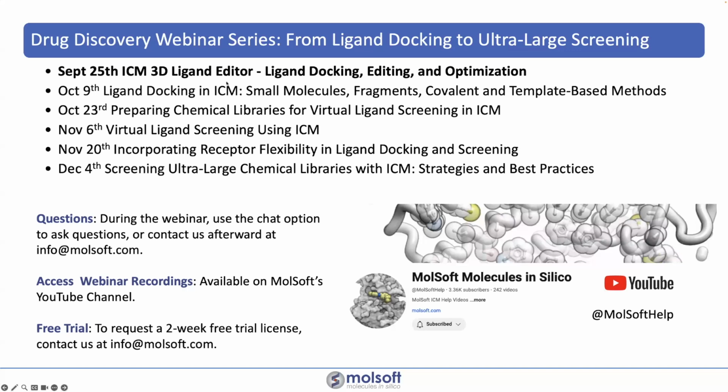Every 2 weeks, we're going to build up from docking to preparing chemical libraries for virtual screening of millions of compounds, then on to more technical stuff such as receptor flexibility during ligand docking and screening. And then we will finish the series showing ultra-large library screening using GPU methods and AI methods in ICM.